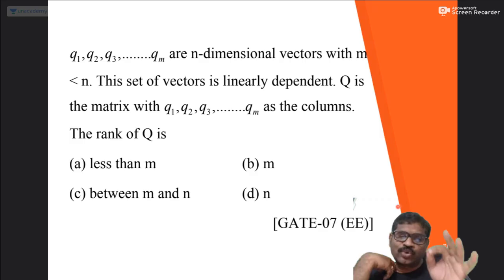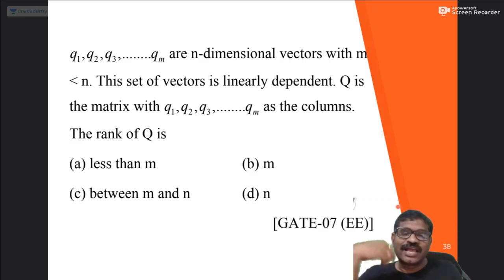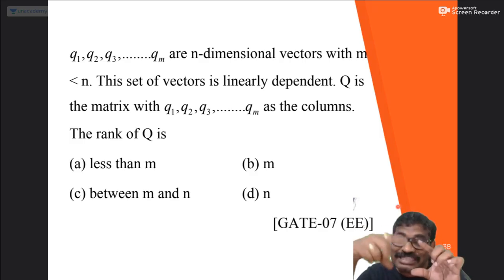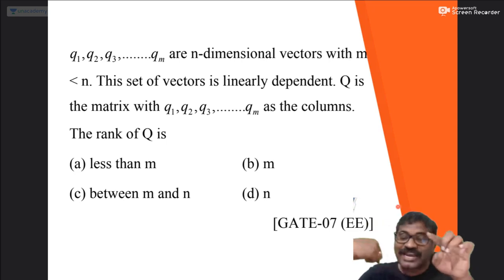Q1, Q2, Qm are n-dimensional vectors with m less than n. What is m? The number of vectors. The number of vectors is m. Each vector is of dimension n. Components are n, but vectors are m.